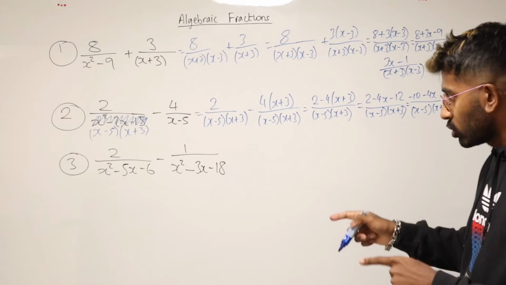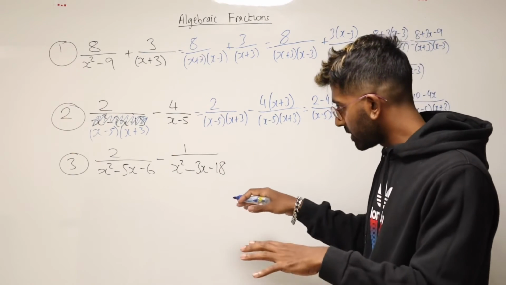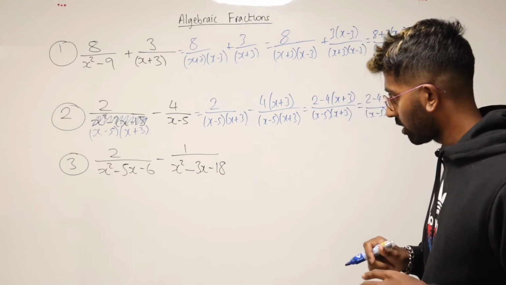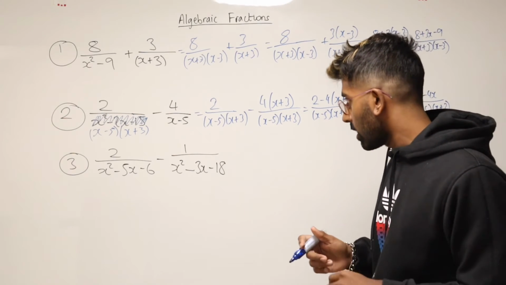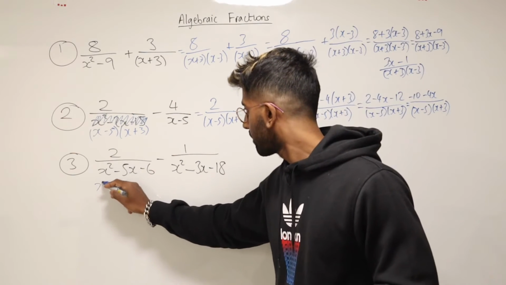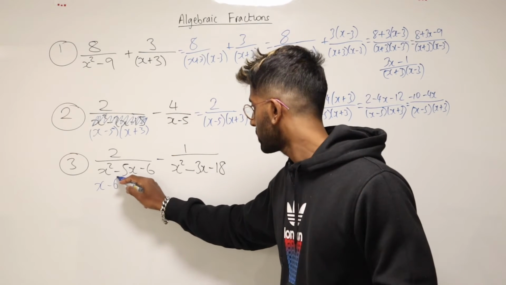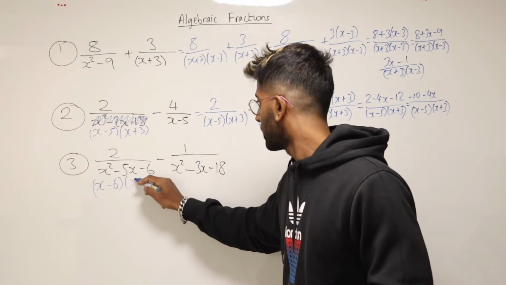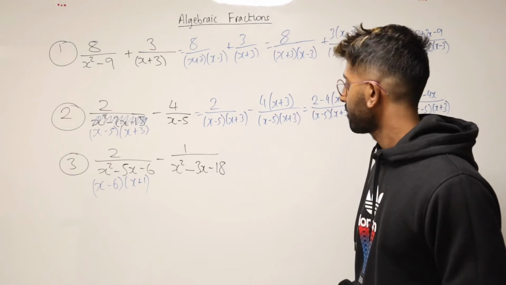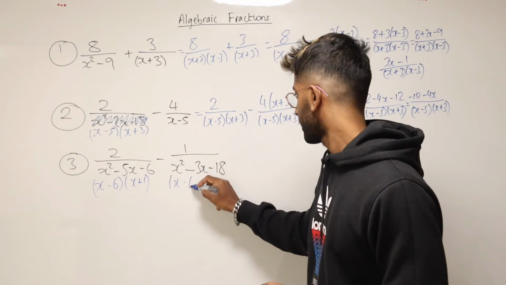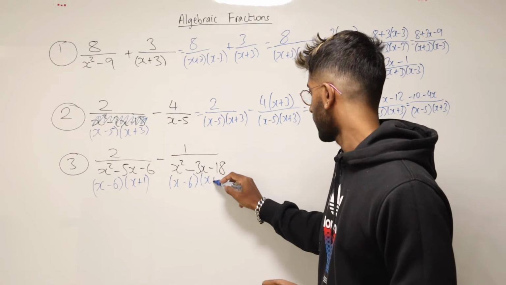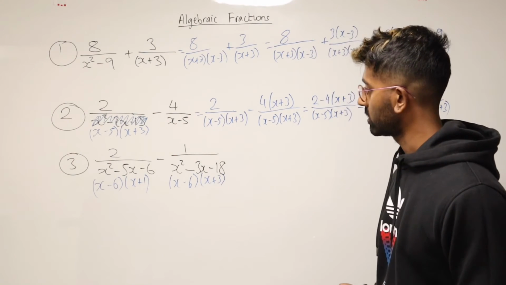Now for the last one, you've got 2 quadratics, right? So just factorize both of these before we even start. So the first one there, what's that going to be? I think that one looks like x minus 6 and then x plus 1. And then this one over here looks like x minus 6 and x plus 3. There we go.